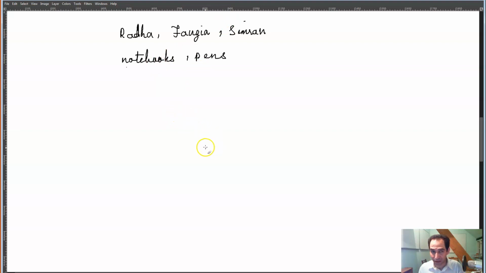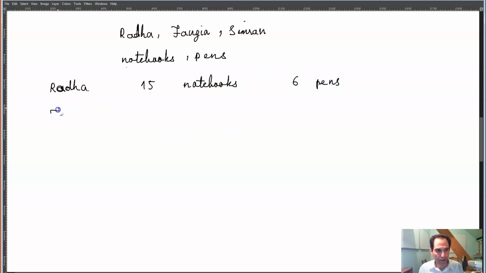Now suppose that the number of notebooks and pens that each of these three people has is: Radha has 15 notebooks and 6 pens.